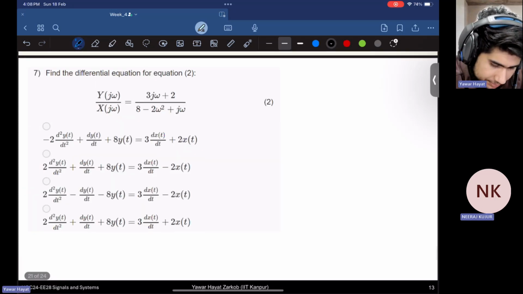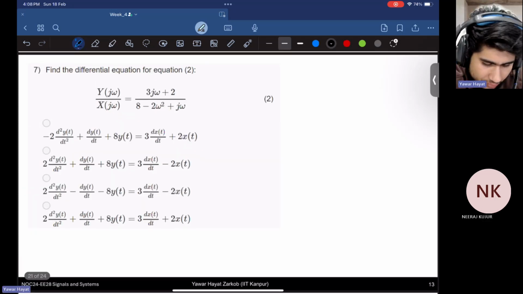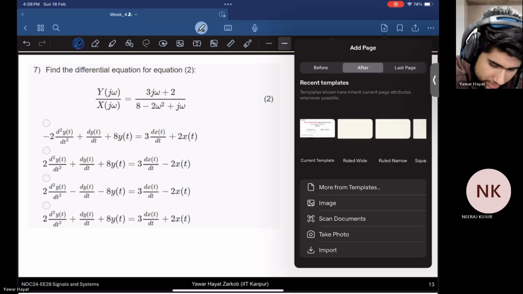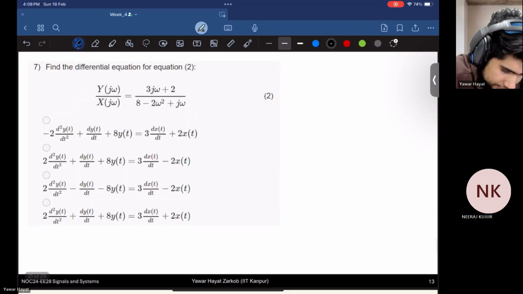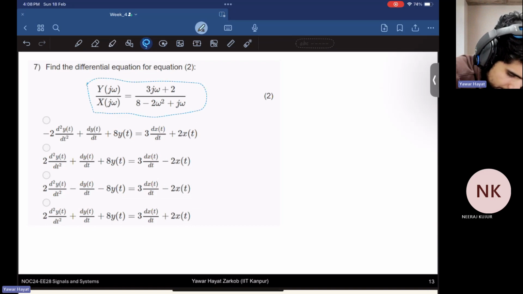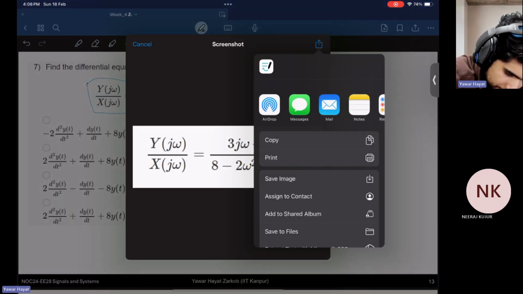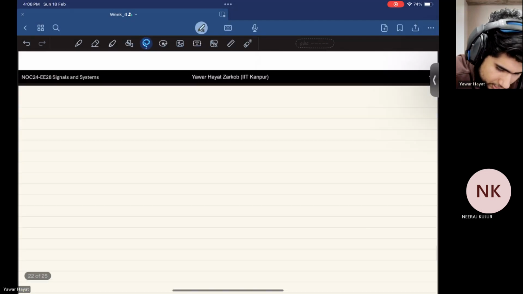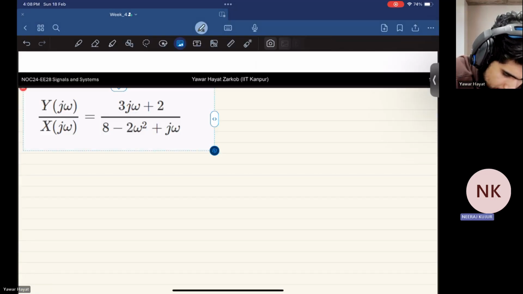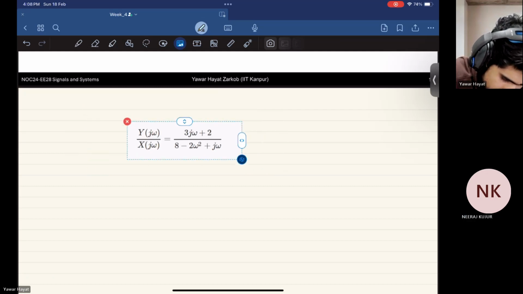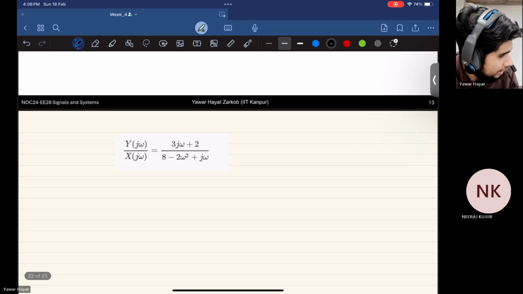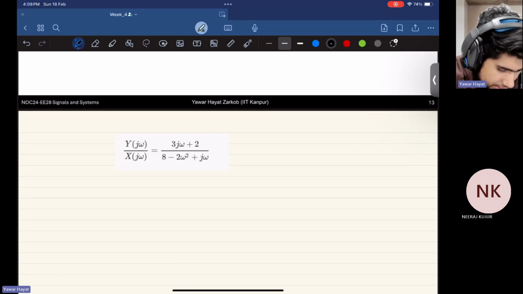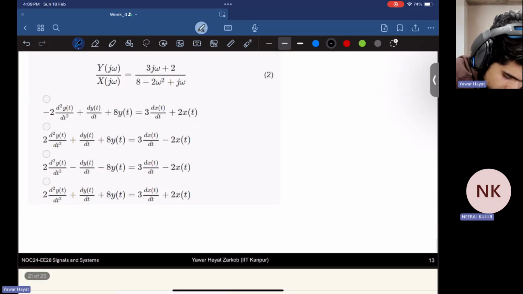In that question, we used Fourier transform, and in this question, we would use inverse Fourier transform. This is how we'll proceed. Firstly, we'll write this transfer function. So this is the transfer function, and the question is question number 7.